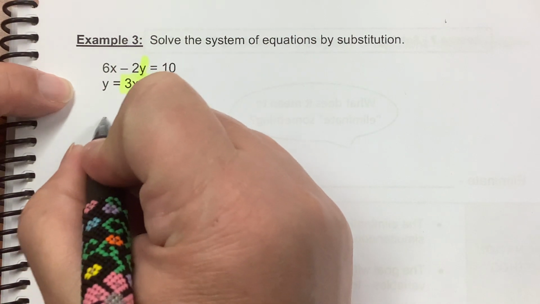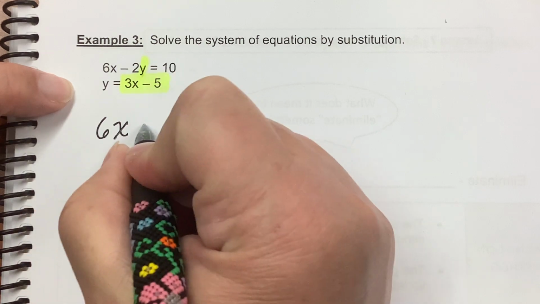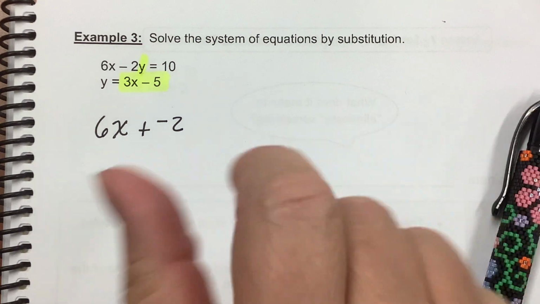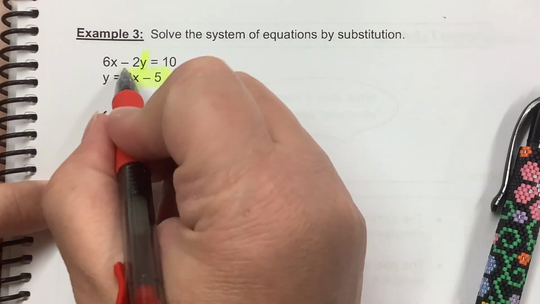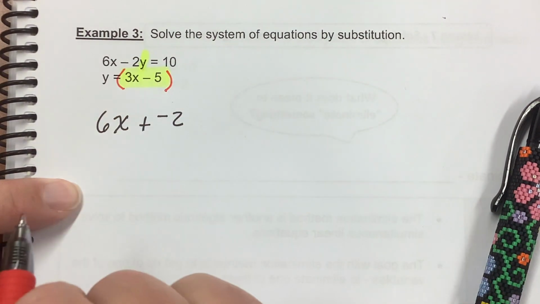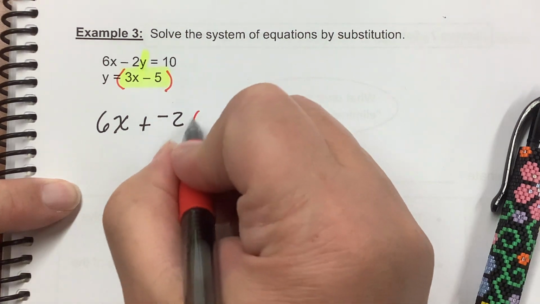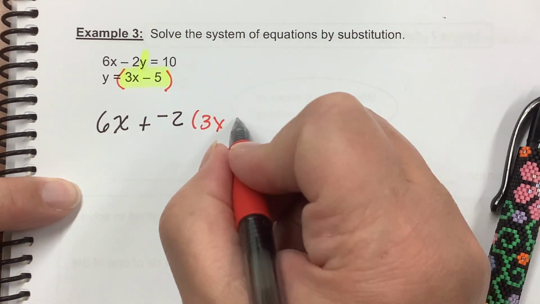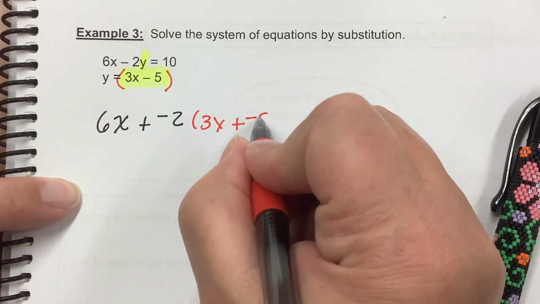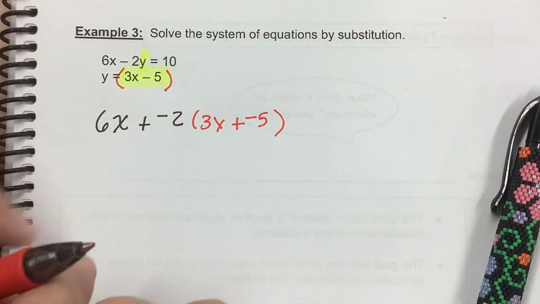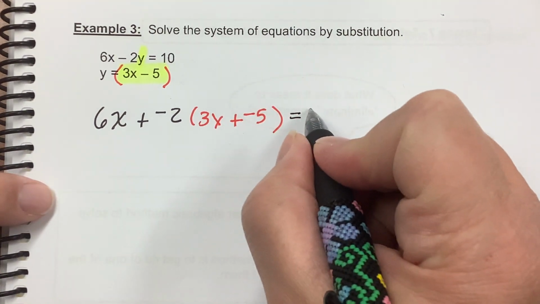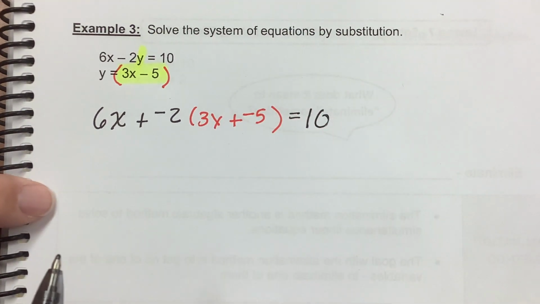So I have 6x plus negative 2, and where the y is, I'm going to put 3x minus 5 in parentheses, 3x plus negative 5. Remember, change those minuses to plus a negative to make it easier to distribute, equals 10.